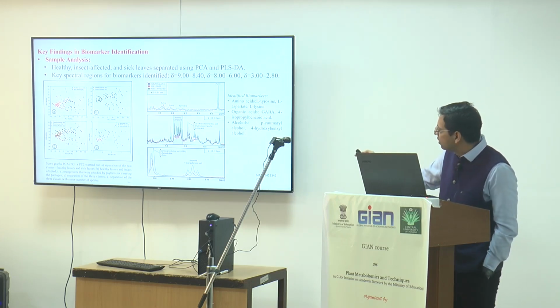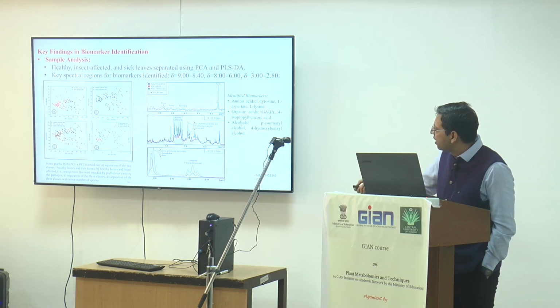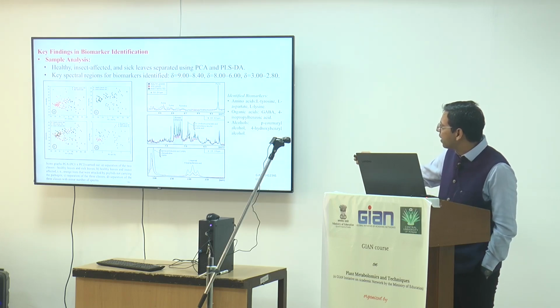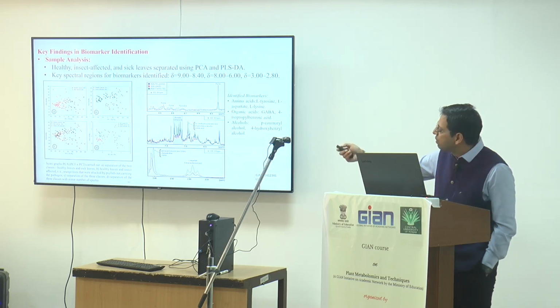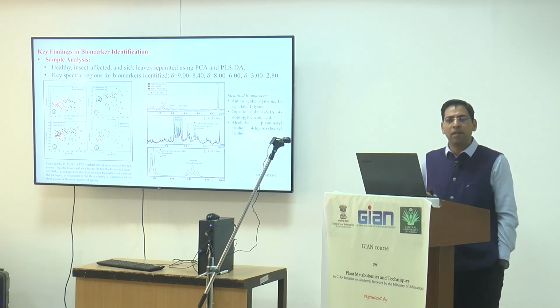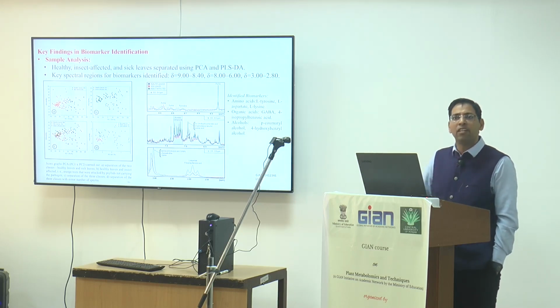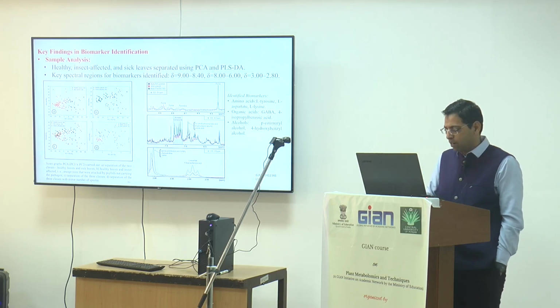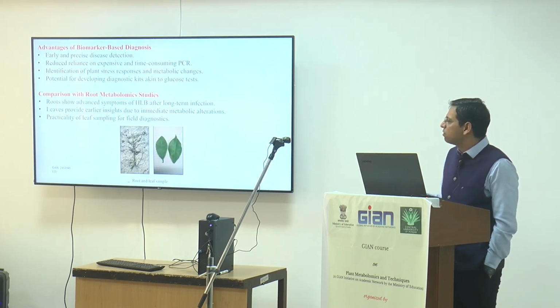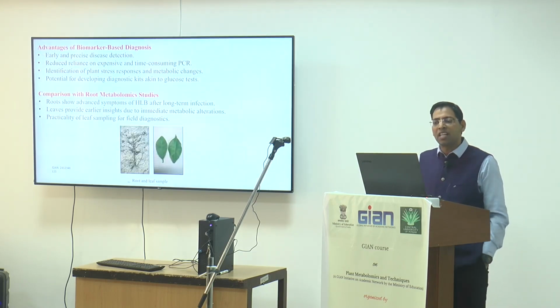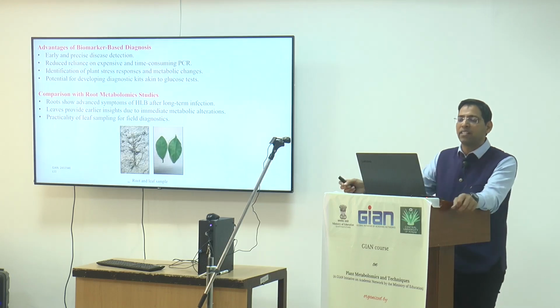You can identify these three regions in the NMR spectra, which act like biomarkers. The PCA and PLS-DA plots reflect the dissimilarity between the infected and the non-infected plants.